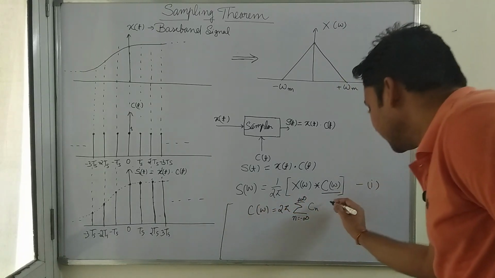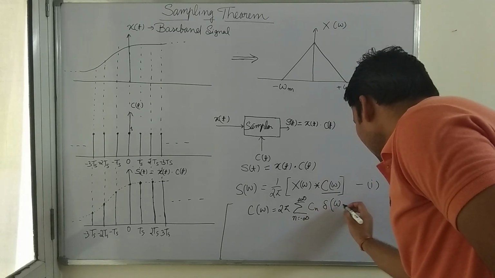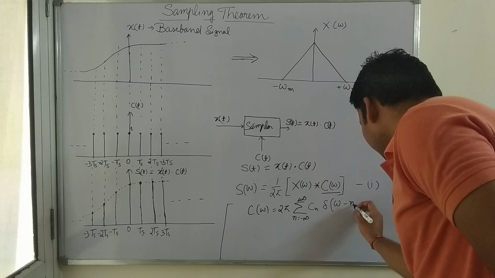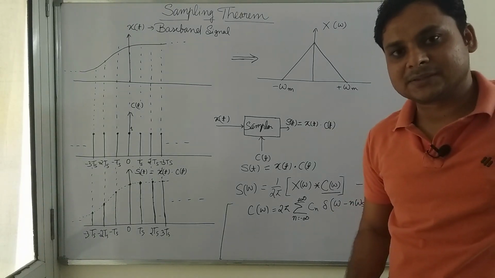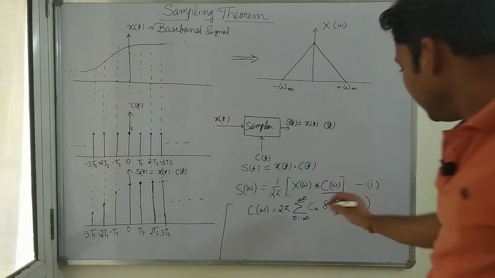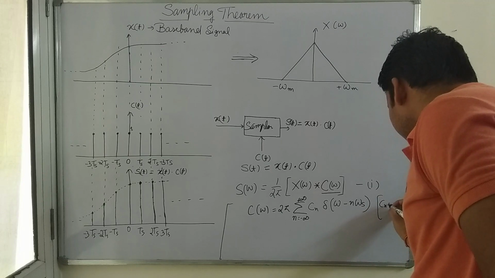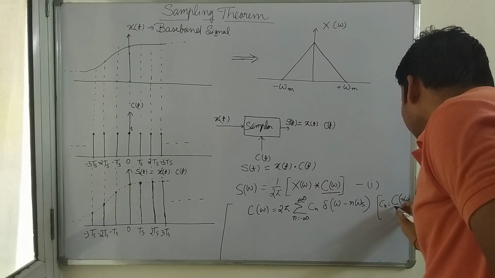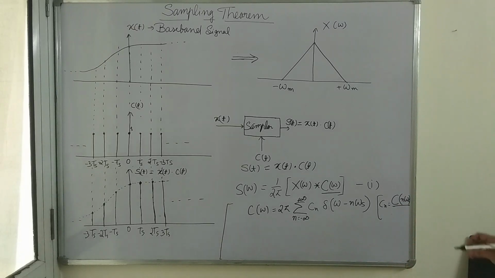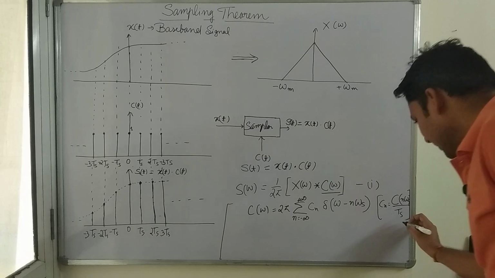This is a different function. Delta of omega minus n omega s. Now let's define this function Cn: Cn equals c(n omega s) divided by Ts.